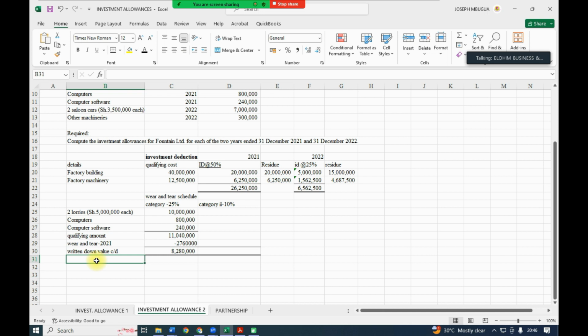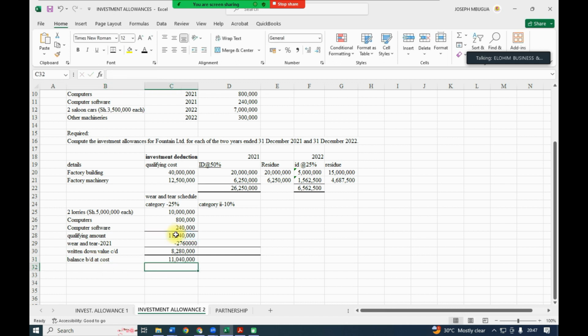Remember, written down value is reducing balance. Here, balance brought down, at cost, because we need them at cost.